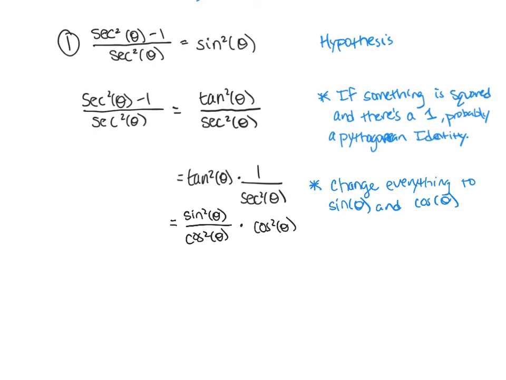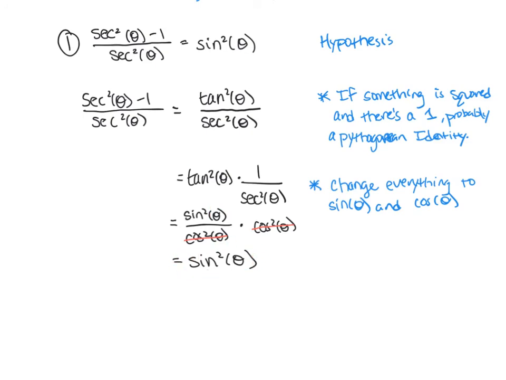I got cosine squared theta in my denominator, and I'm multiplying by cosine squared theta, so I'm going to cancel those out, and I'm going to be left with sine squared theta, which, look, is what we were looking for in the first place. Yay! We were able to prove that secant squared theta minus 1 over secant squared theta, we're able to use our identity skills, and get all the way down to sine squared theta.